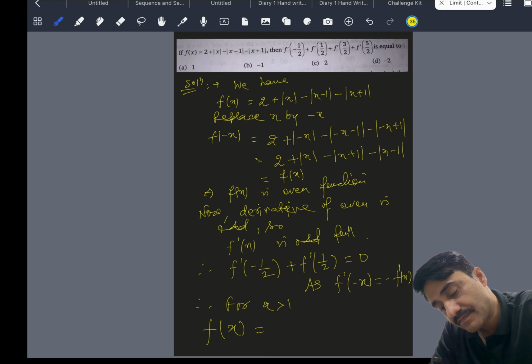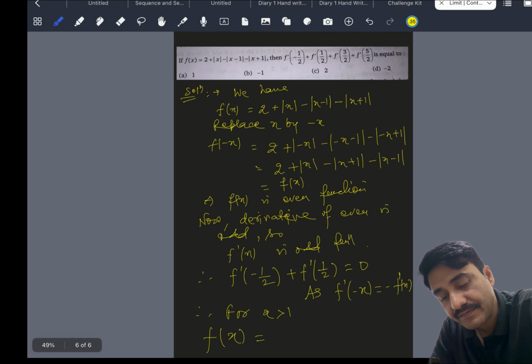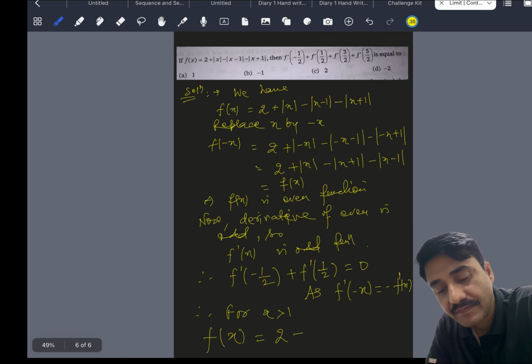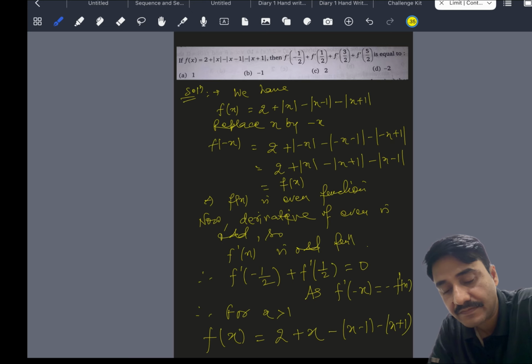Now derivative of even is odd. So f dash x is odd function.